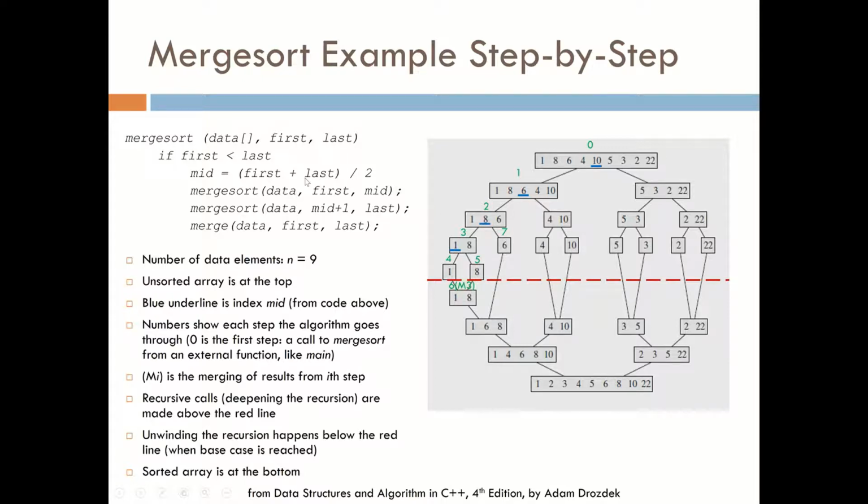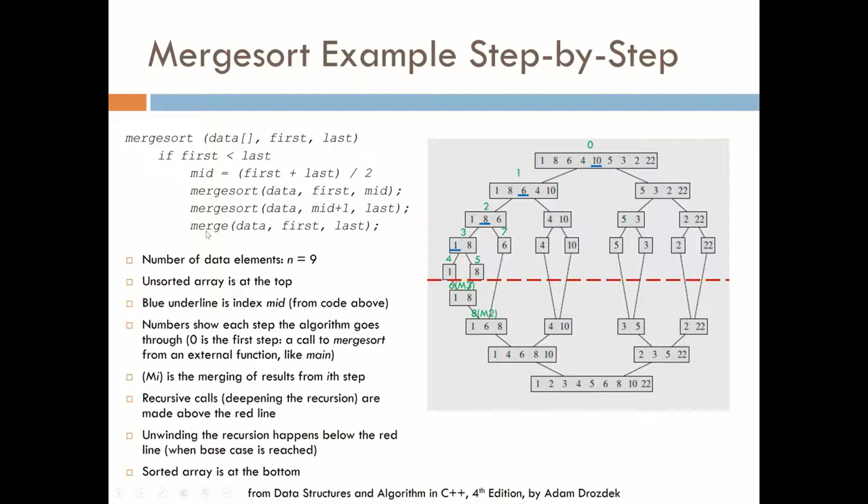Well, I've calculated mid, I've gone left, and I've gone right. I must now execute merge on the instance at step 2, which happens here. And you notice that I'm merging the list 1, 8, and the list 6, giving me the list 1, 6, 8. Again, assembled by the merge function as we saw previously.